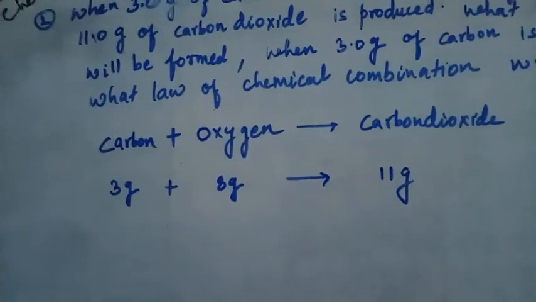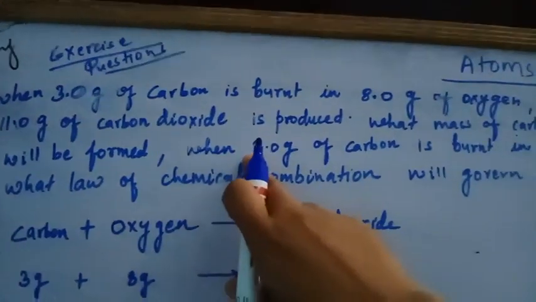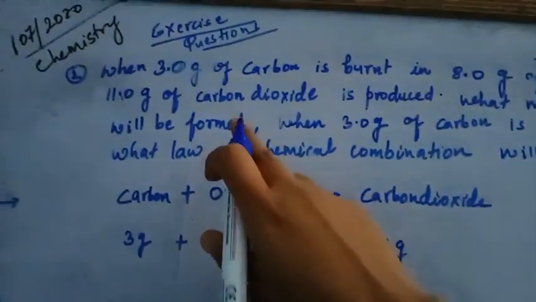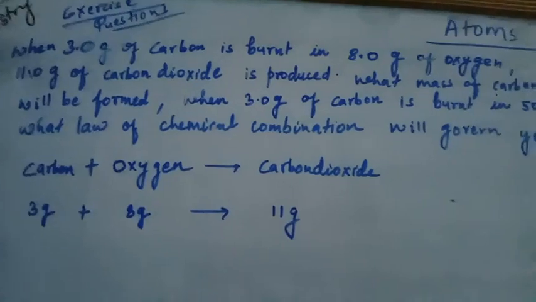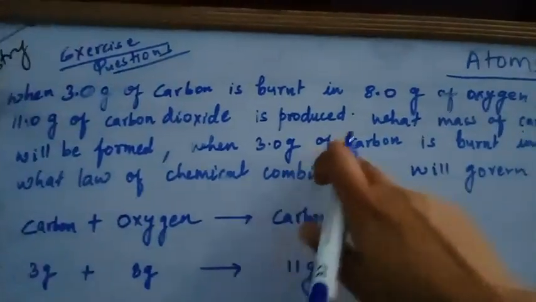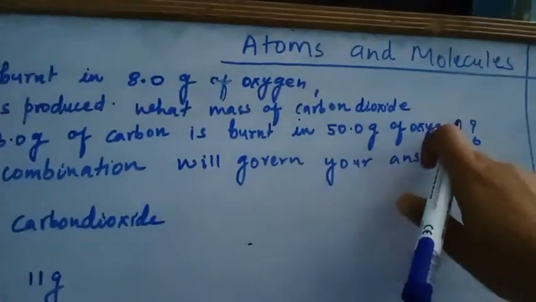Now the question is asking what mass of carbon dioxide is formed when 3.0 gram of carbon is burnt in 50 gram of oxygen.